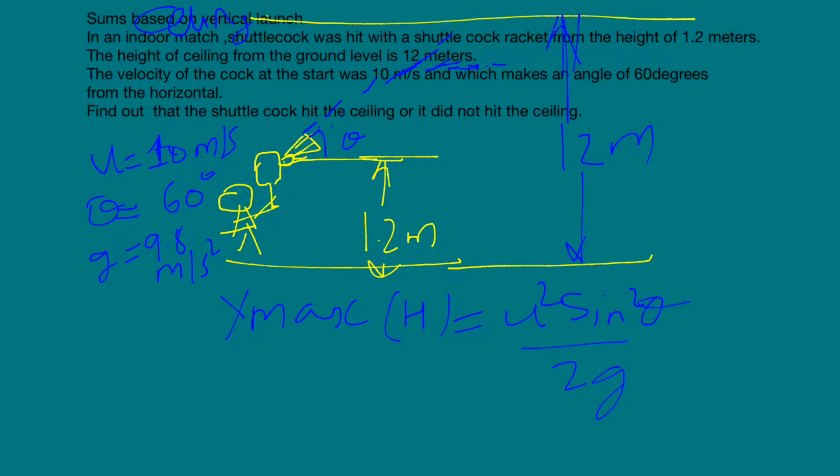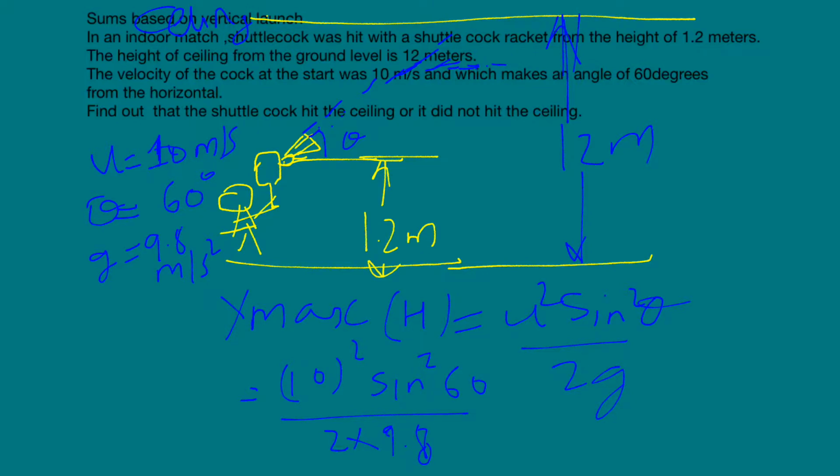Here in place of u we will substitute 10, so 10 square, then sine square 60, upon 2g, means 2 into 9.8.